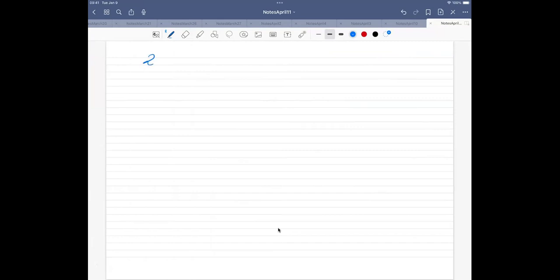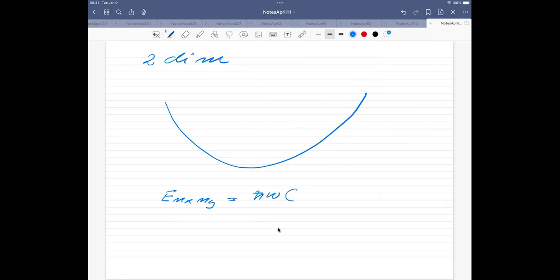So in 2 dimensions, let me put up the harmonic oscillator well here. But now we have an energy which will depend on nx and ny. And in this particular case, we have h bar omega, and we have nx plus ny plus 1. That's the single particle energy.